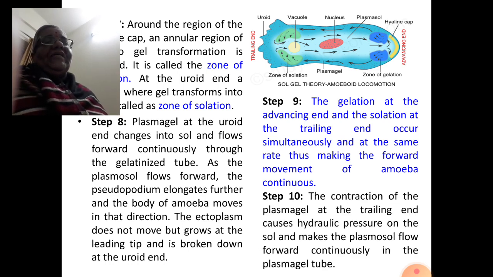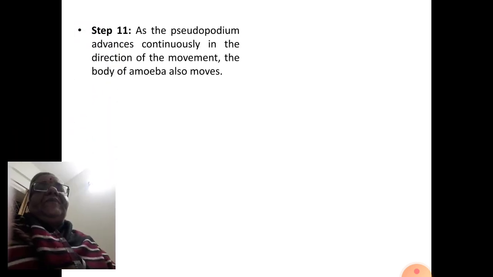Then, step 10. The contraction of the plasma gel at the trailing end causes hydraulic pressure, that is water pressure, on the sol and makes the plasmosol flow forward continuously in the plasma gel tube. Then step 11.